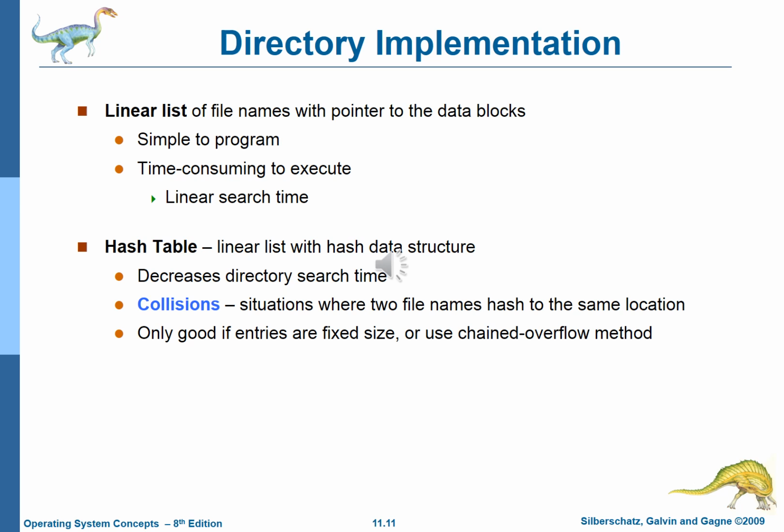So there is another implementation, the hash table implementation, where a linear list is there, but a hash data structure is used. This makes searching fast, but there can be collisions, like two file names hashing to the same location, and there are ways to handle collisions.